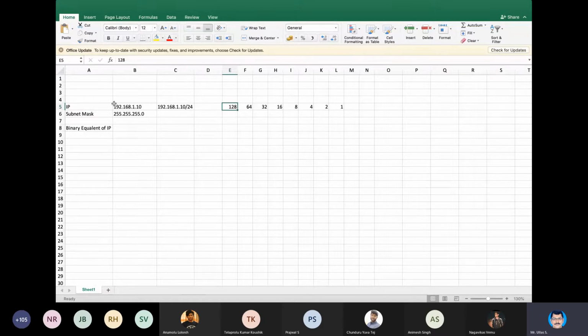Okay. Now I will convert 192 to its binary equivalent. The usual method what you used to do is 192 you will divide by 2, and remainder you put at right side. Am I right? You used to follow that method. Can you all convert 192 to its binary equivalent quickly? All of you please start writing 192 to its binary equivalent.